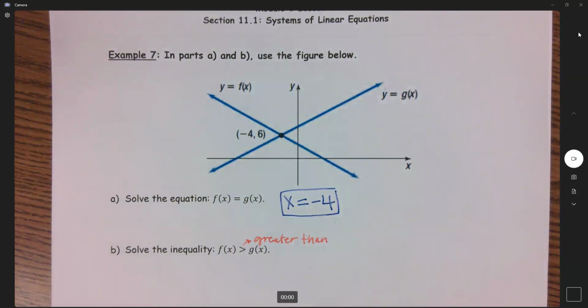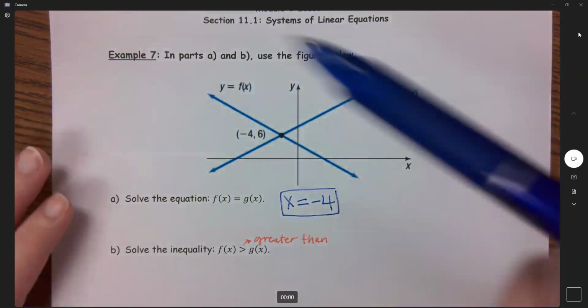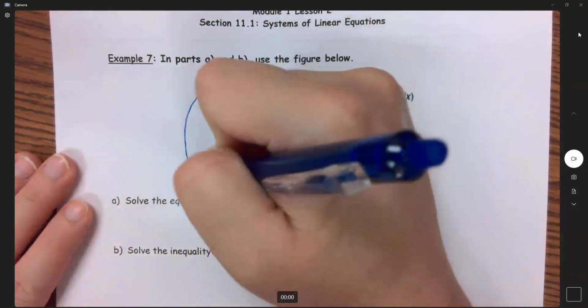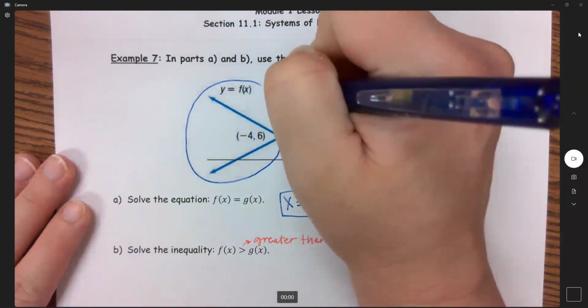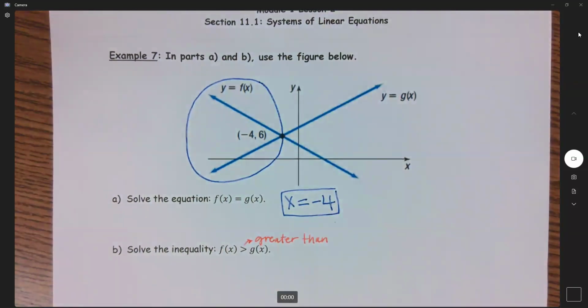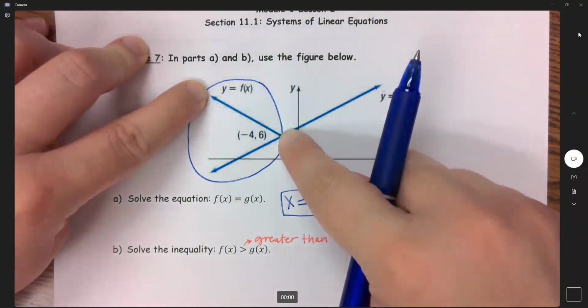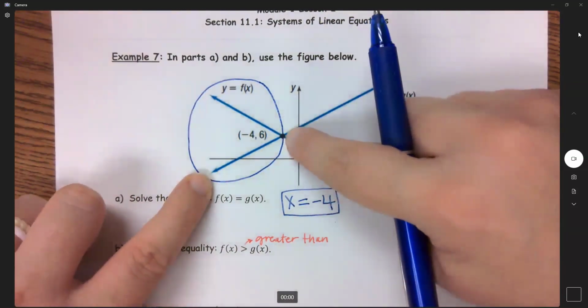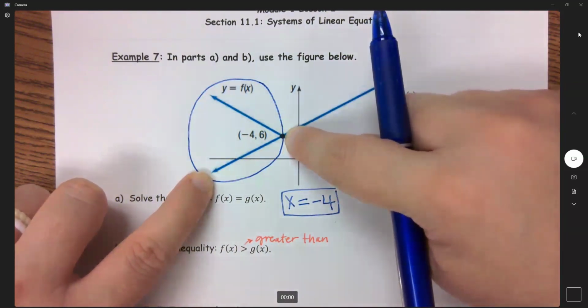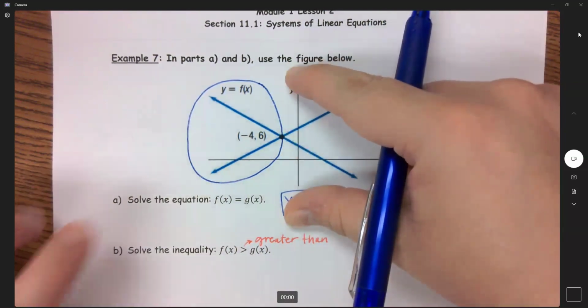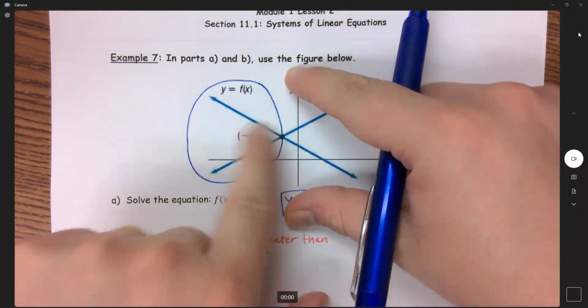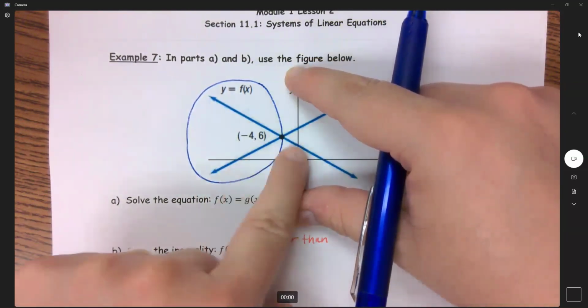Where does it have higher y values? And so that's going to be everything here to the left side. Here, my f of x is greater than all of these g of x values when you're looking at those y's, right? Here it has higher y values than down here where g of x has lower y values.